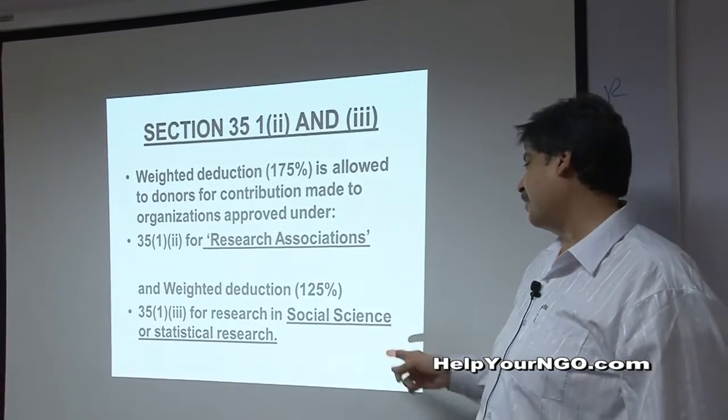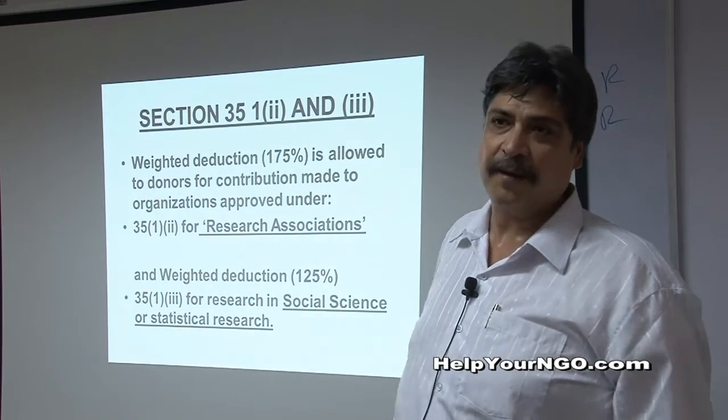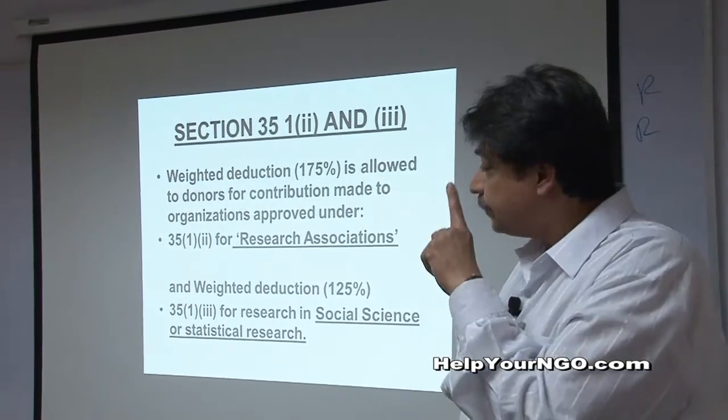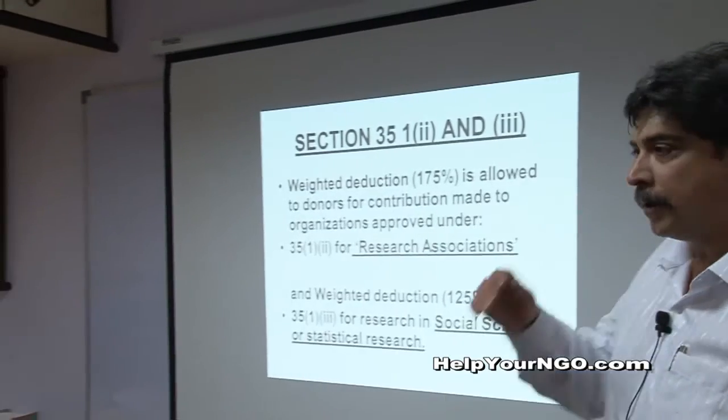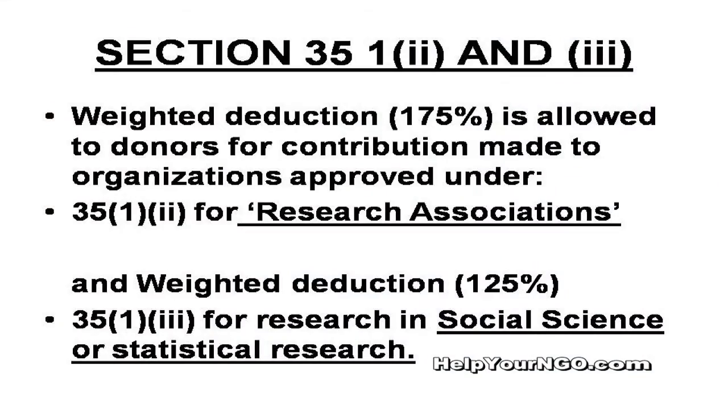And of course, if you are social science or statistical research, it's a 125% deduction. So these are what are called in law weighted deductions. So you can see there's a whole range from the standard 50% that most of us get to 100%, which is also fairly easy to get, and the more complex ones under 35(1)(ii) and 35(1)(iii), where there are weighted deductions.